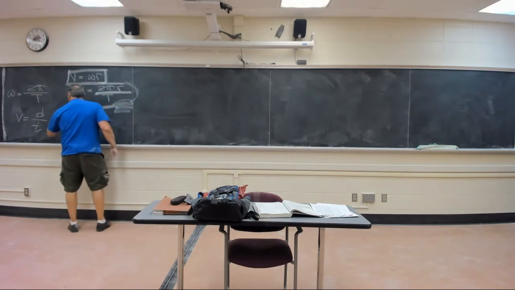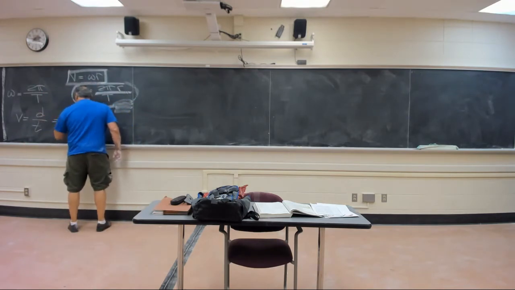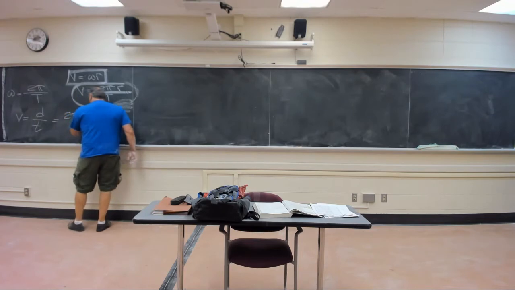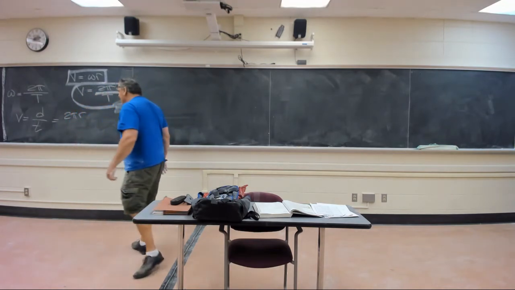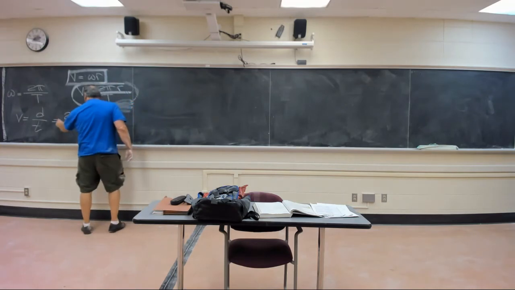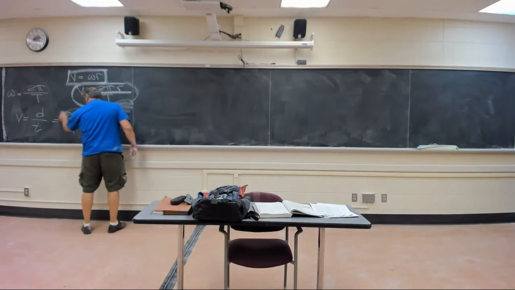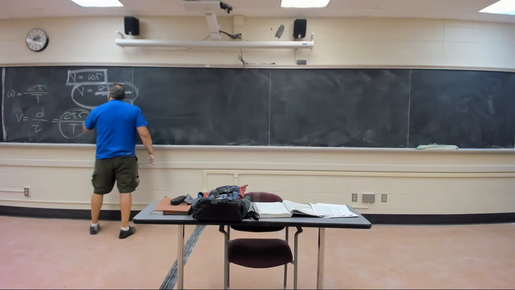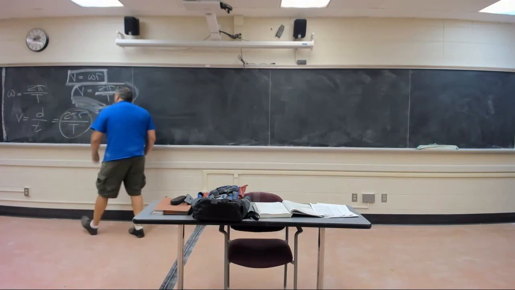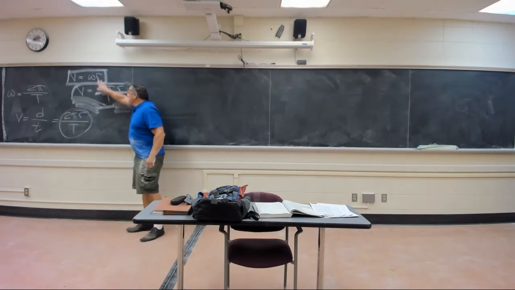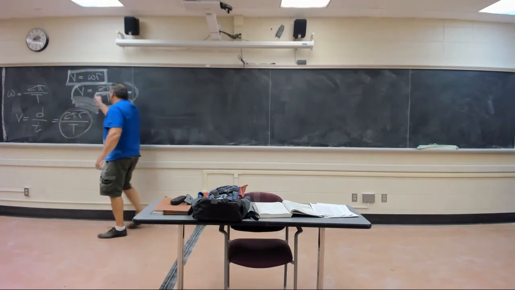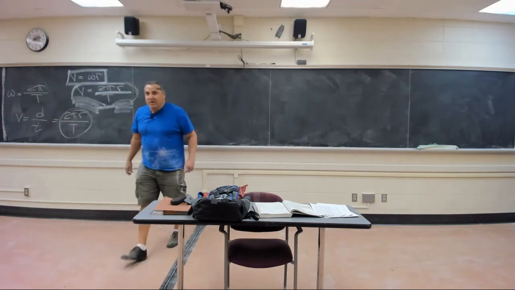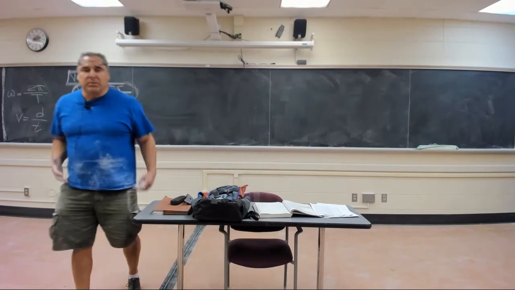Isn't the distance traveled to go all the way around, 2 pi r, the circumference of a circle? And isn't the period to go around once, didn't I just say it was T? I went from here to here, but I could have gone from here to here. You better be able to work it that way.